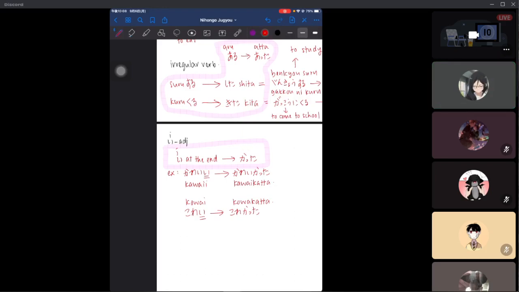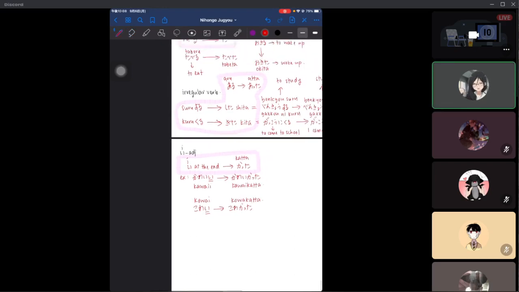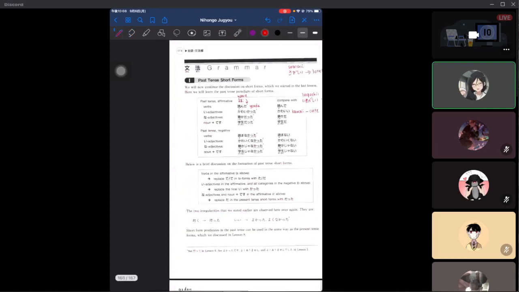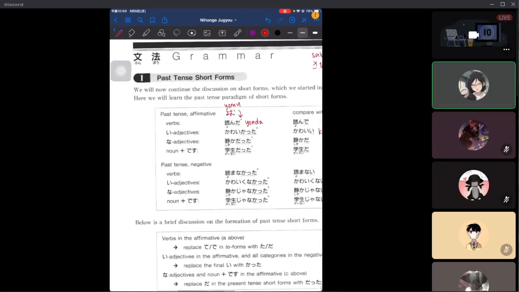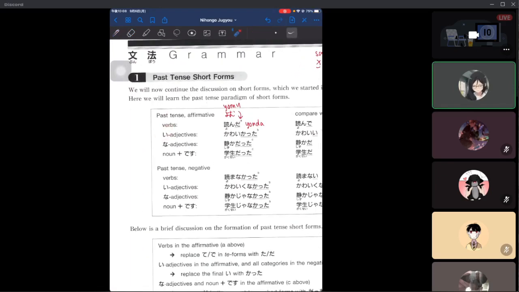So that is for e-adjectives. Hold on. There's e-adjectives, but there's also na-adjectives actually. To differentiate between these two is actually not easy because there are some words that end with the e hiragana at the end, but fall under na-adjectives.